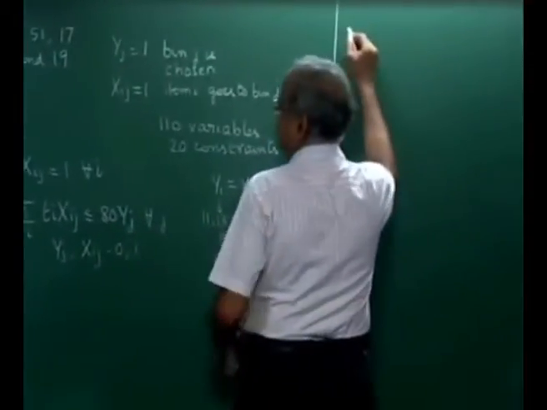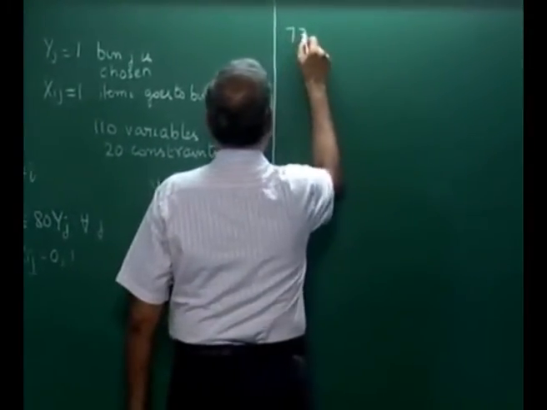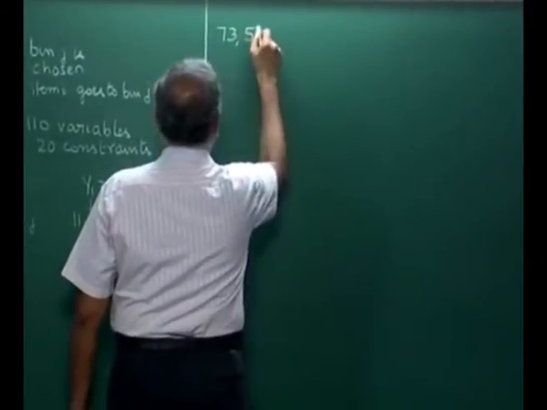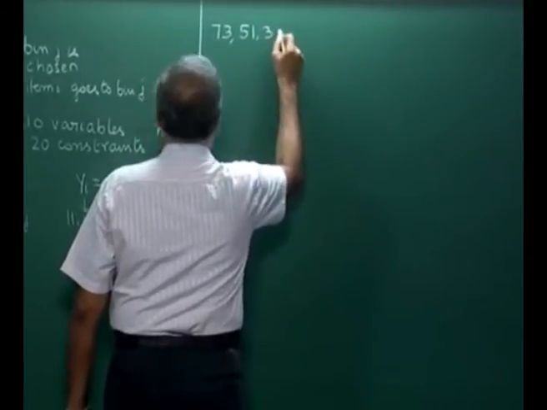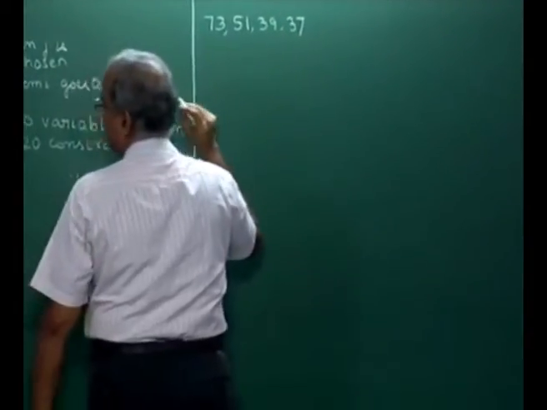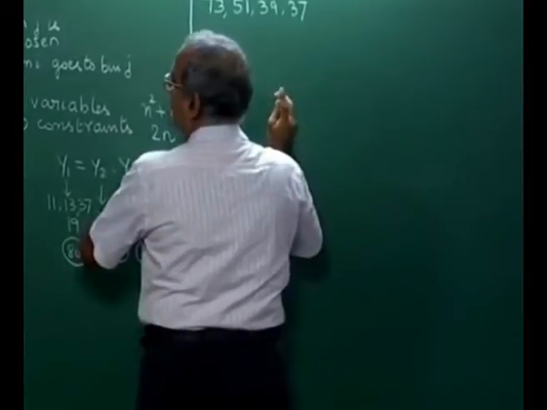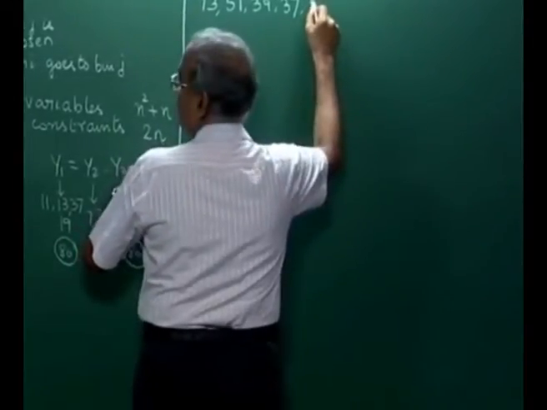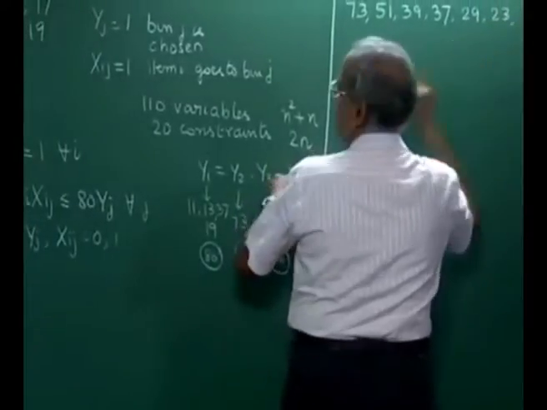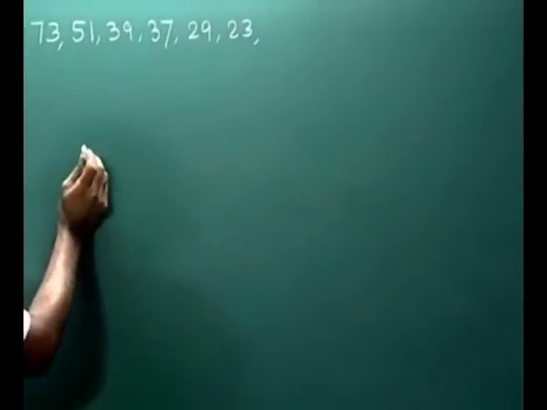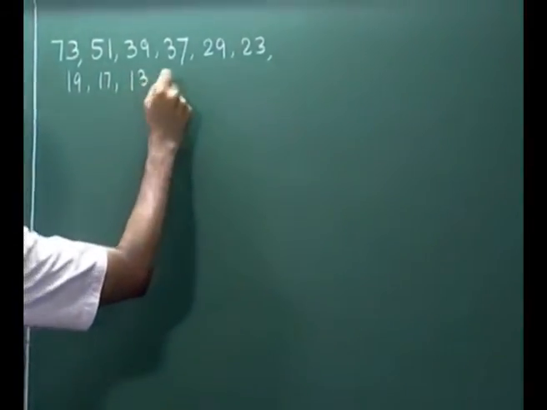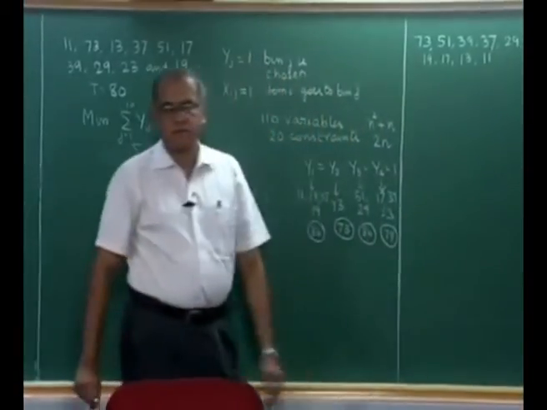So when these items are sorted in decreasing order, we get 73, 51, 39, 37, 29, 23, 19, 17, 13 and 11.